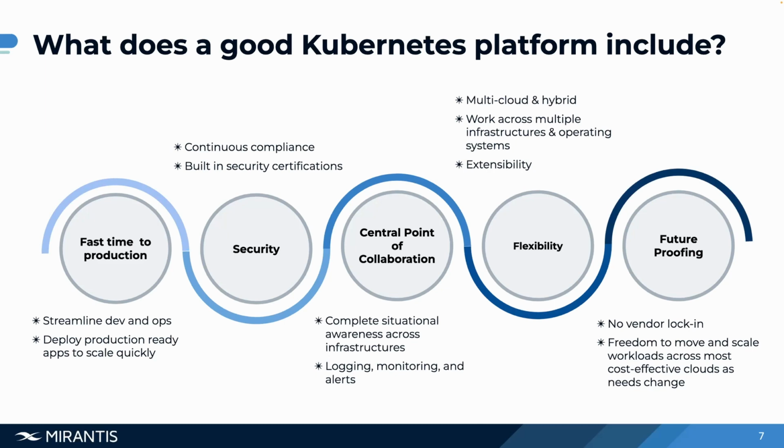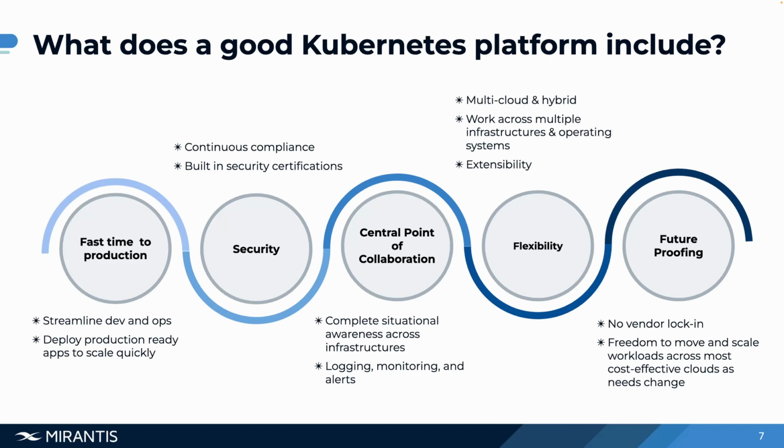And if you look at all these different pillars, whether it is fast time to production, security, central point of collaboration, flexibility, and future-proof, well, again, automation is key, right? Automation is key to go to production very rapidly, whether it is to deploy and manage these clusters, but also to deploy applications. Security, you can't do at scale without automated process, whether it is around tooling, but also getting the proper observability around tooling.